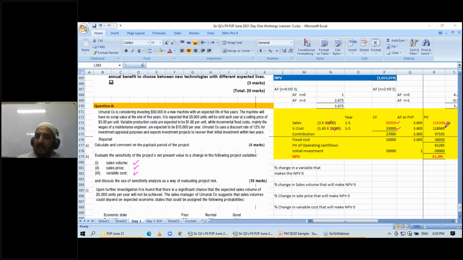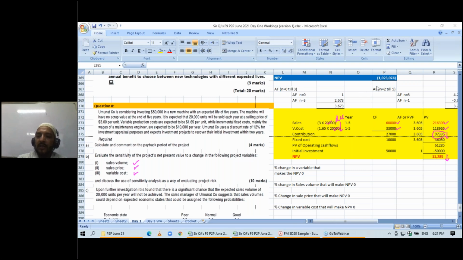So anything which affects sales and variable cost affects what? The contribution. We are not afraid of rises in sales volume. An increase in sales volume would be good. A decline will be dangerous. A decline will decrease this contribution. Ultimately, due to this decrease in contribution, our NPV will fall, right? So we are afraid of this.